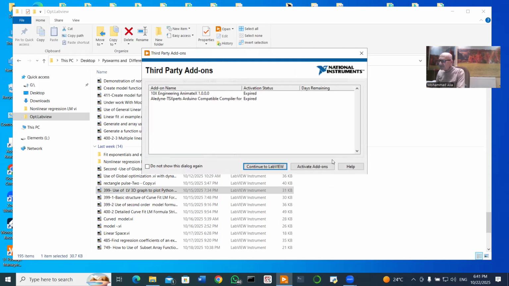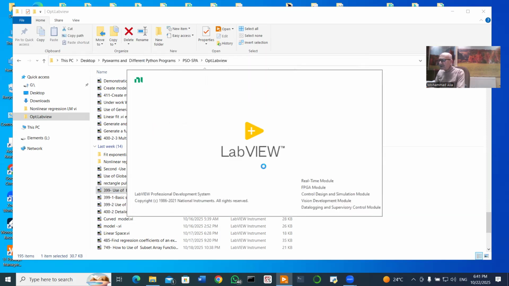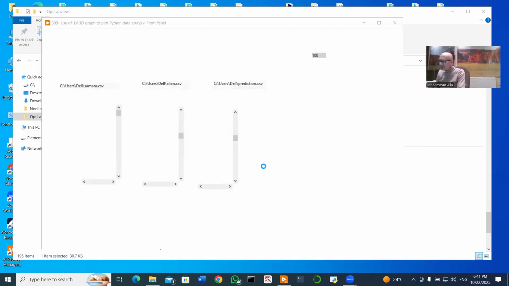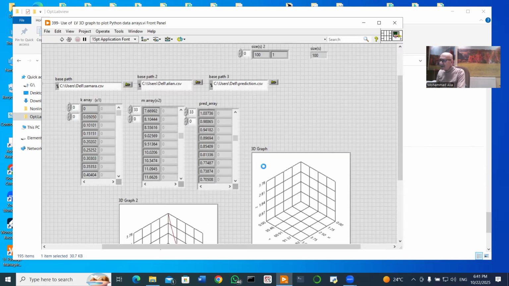Remember, we made three-dimensional plots using the 3D graph in LabVIEW, and we found that this facility is really very simple and easy to use. Maybe it is easier than working with Python plotting packages.